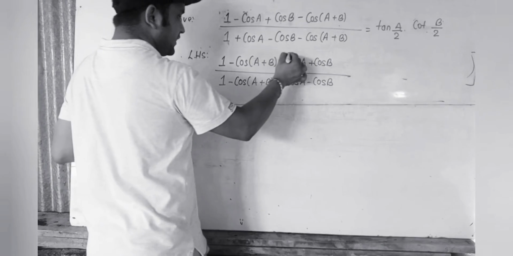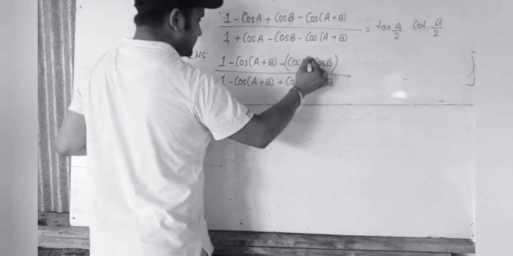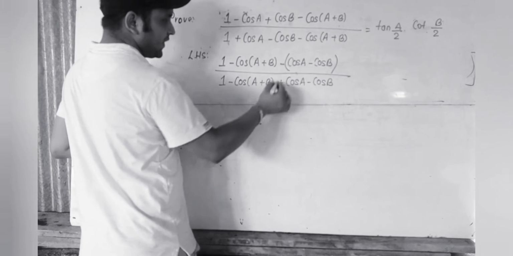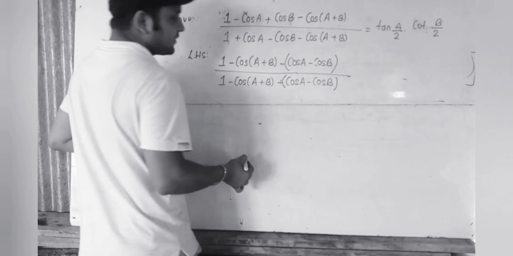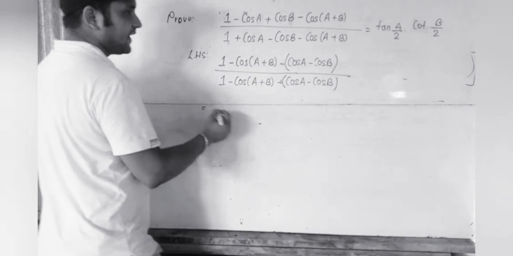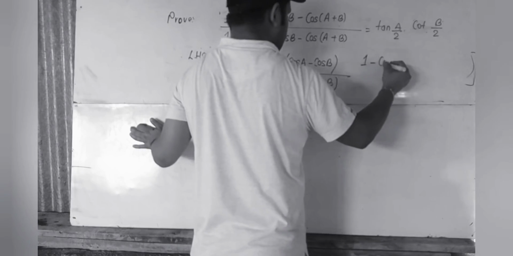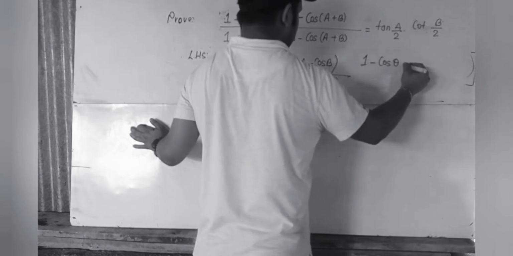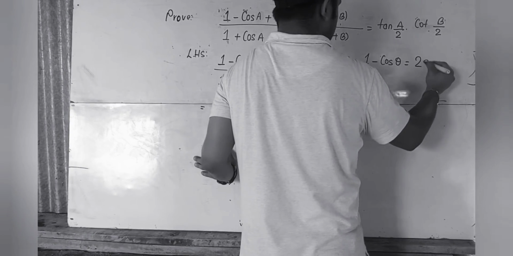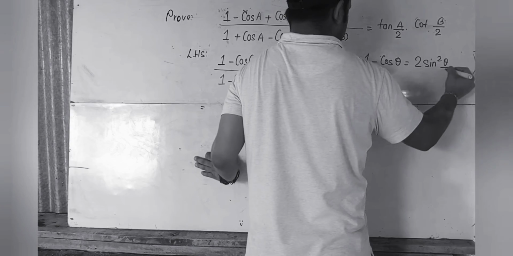Now you can put it inside a bracket. When you put it inside the bracket, the sign gets changed because you have minus here. In the other bracket, the sign does not get changed because you have plus here. Now we have the formula of 1 minus cos theta, which is 2 sin square theta by 2.